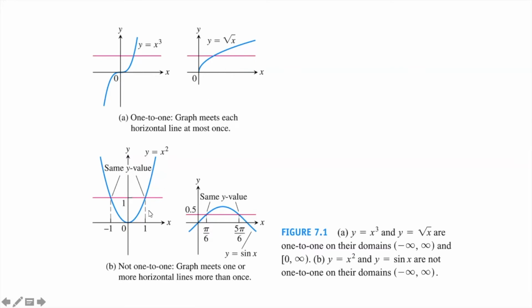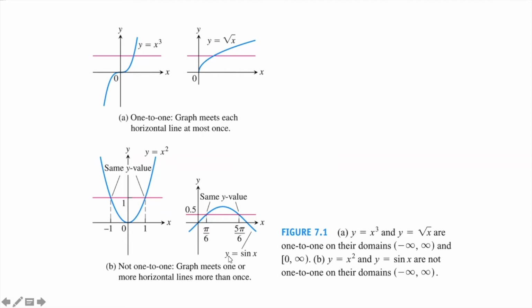Here are a couple of examples of functions that are not one-to-one. They are perfectly good functions, but they are not one-to-one functions. Take y equals x squared, for example. -1 and 1 are definitely two different x values. However, they give you the same y value of 1. So that function is not one-to-one.